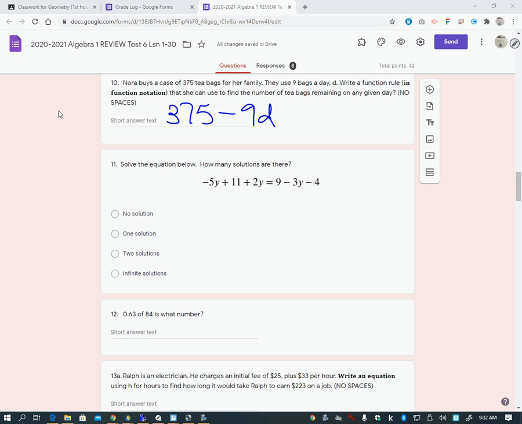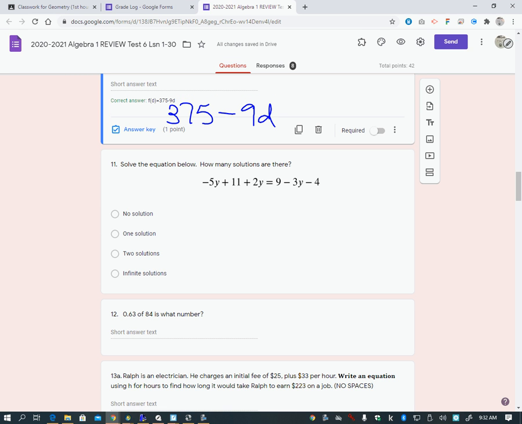Let's check. Make sure we got that right. Now, because we are writing a function here, I would make this note, right? We want it in function notation, and they were clear on that. So just so we're clear on it, we need f(d) equals 375 minus 9d. This by itself is not enough because it said it wanted it in function notation.